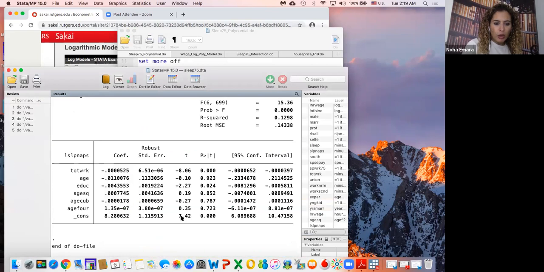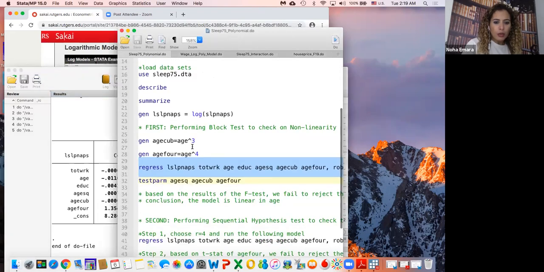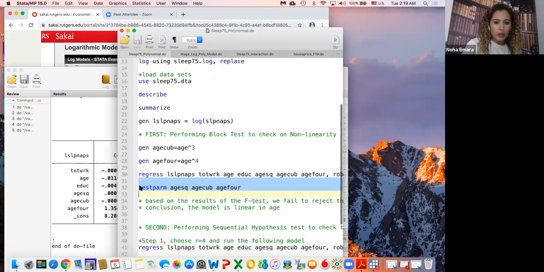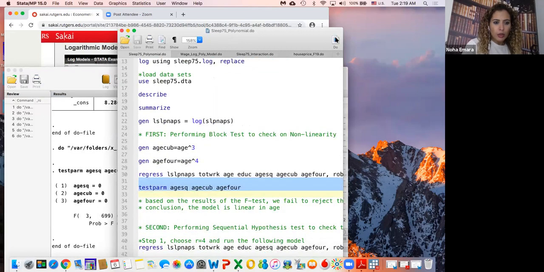We're using a block test, so I need to do an F test on the coefficients on age squared, cubed and to the power 4, because if these 3 are 0, then the model is linear in age. I want to check whether those 3 are jointly statistically significant or not. So you perform an F test on the 3 nonlinear terms.